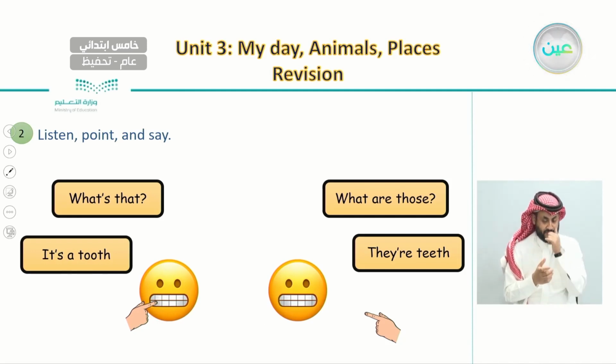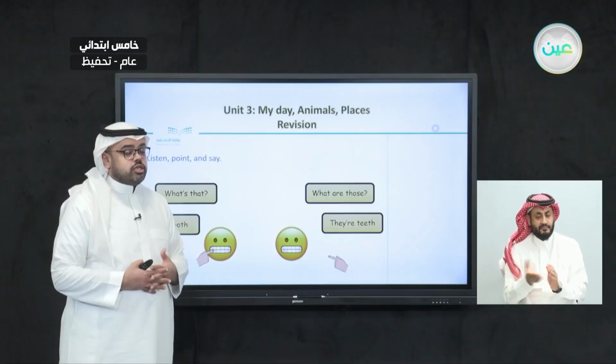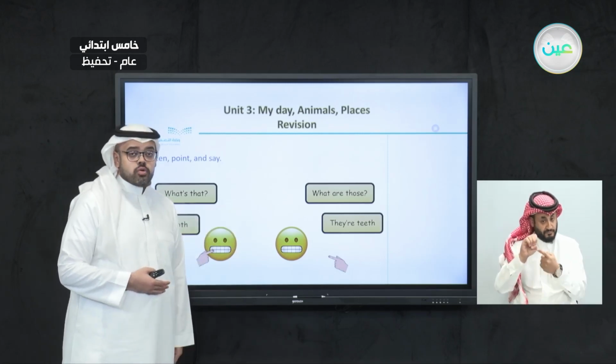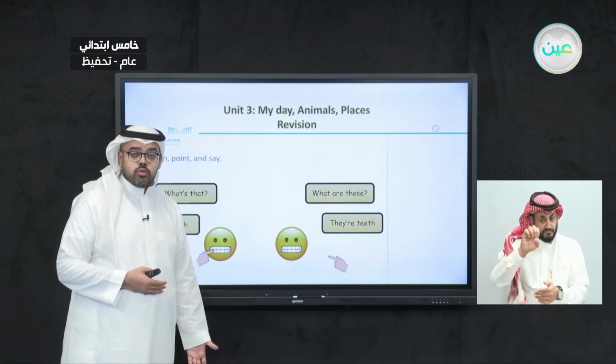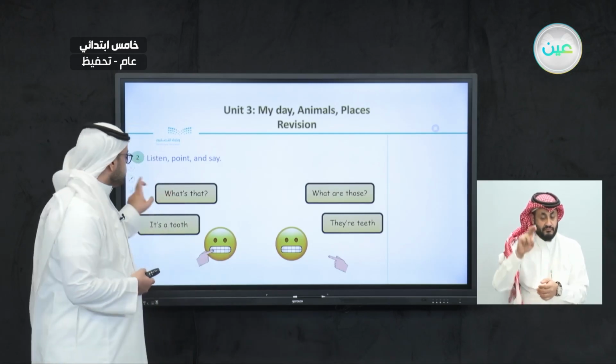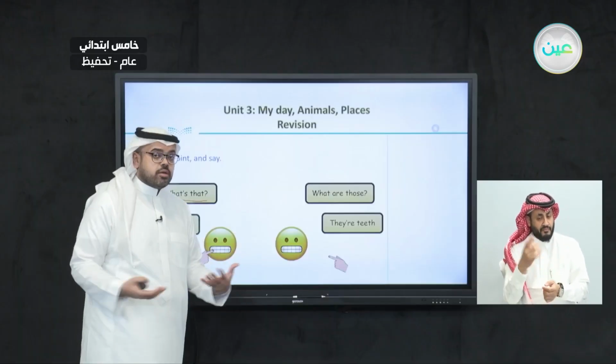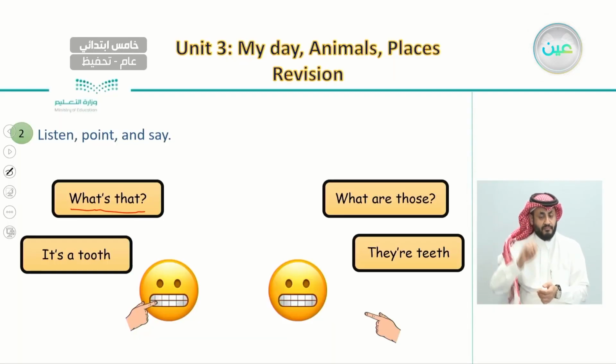But what if I am asking about more than one thing? In this case, I should start my question with, what are those? So, if I am talking about one thing, I would use, what's that? But if I am asking about more, I would say, what are those?